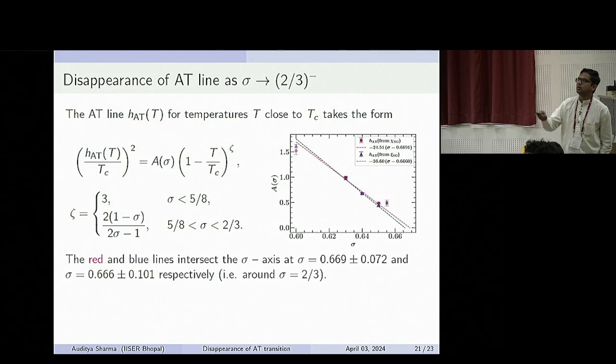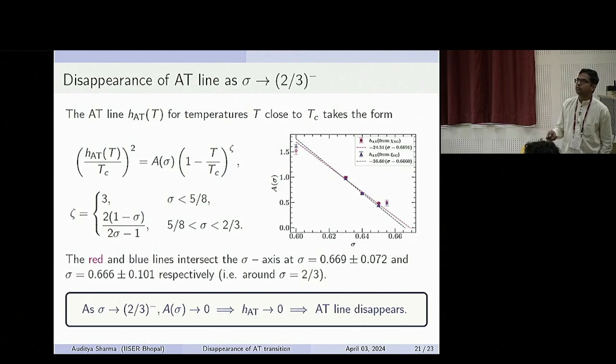The main message from our work is right here. There is this approximate expression you can write down for the AT line, with a coefficient A of sigma, which we compute numerically and plot as a function of sigma. We see that this coefficient has a tendency to fall off to 0 as you approach 2/3.